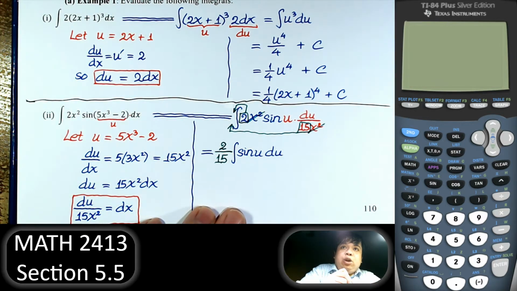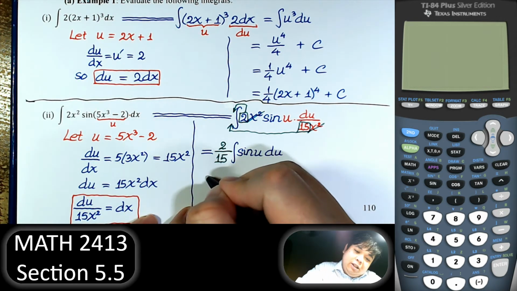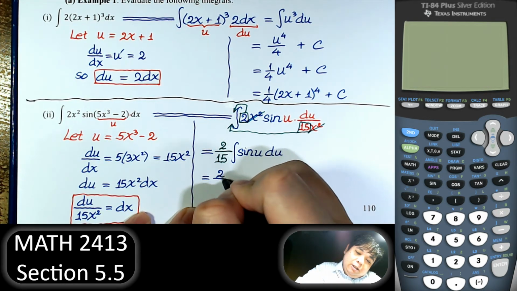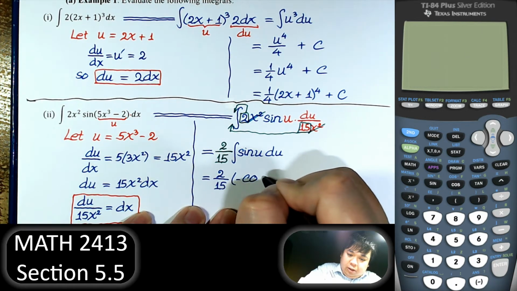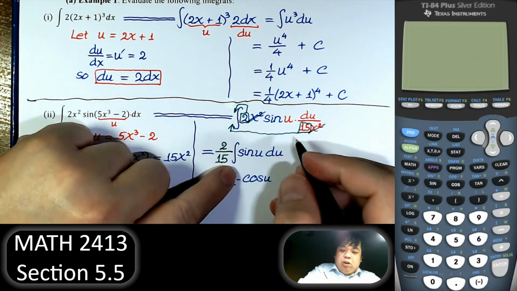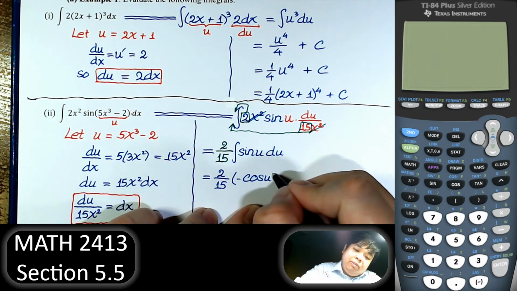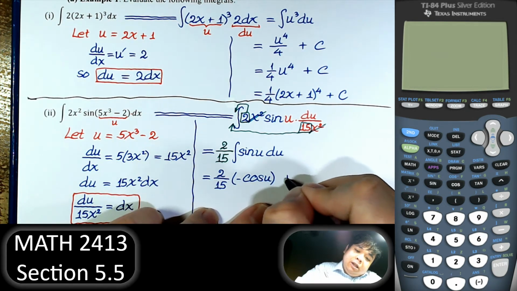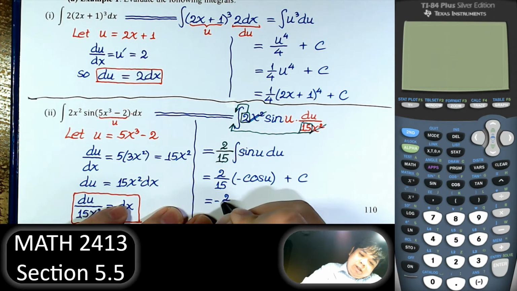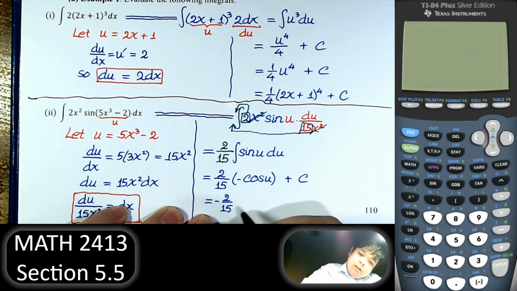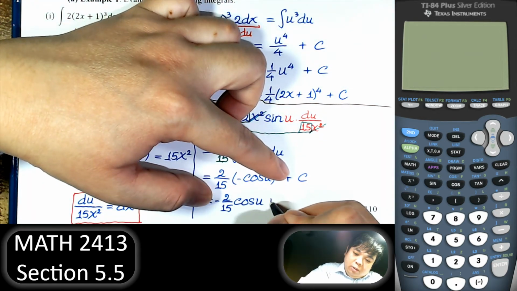And then the integral of sine of u is negative cosine, because the derivative of cosine is negative sine, and we have to do one more negative. Plus c. Multiply that, and it gives us negative 2 over 15 cosine of u plus c.